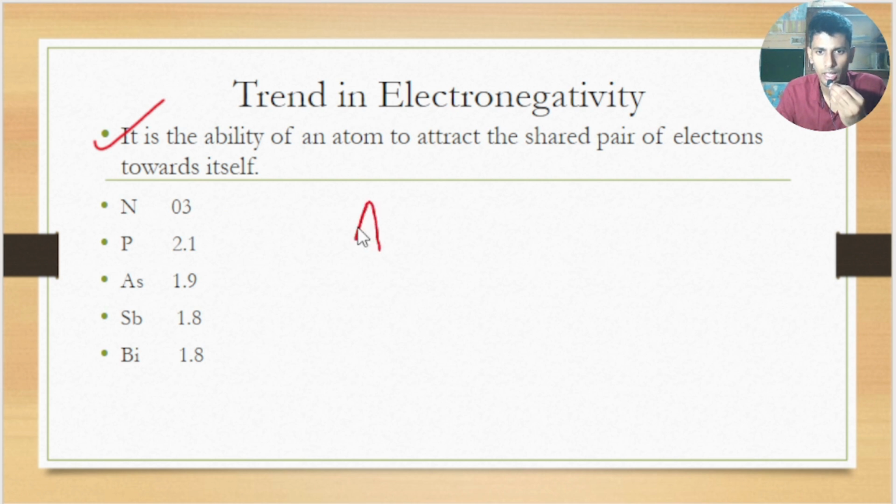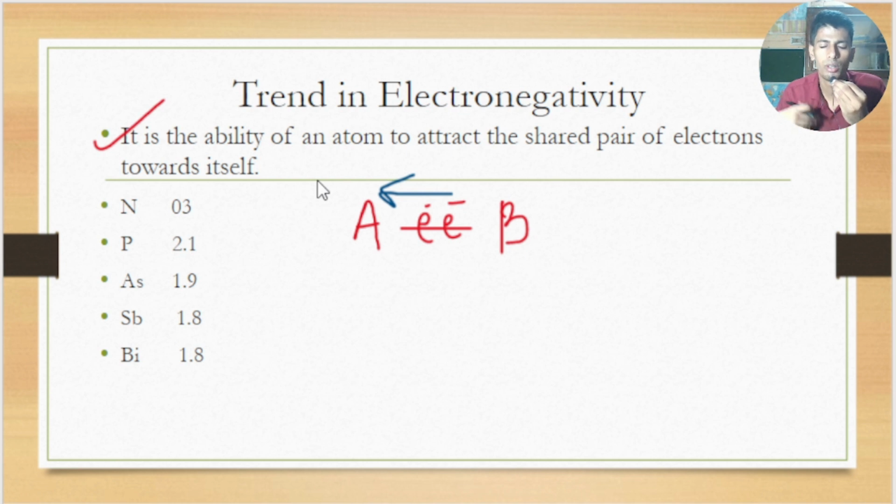For example, if A is making a bond with another atom B, and B has given one electron, A has given one electron, and if B is more powerful, then B will attract both the electrons towards itself.